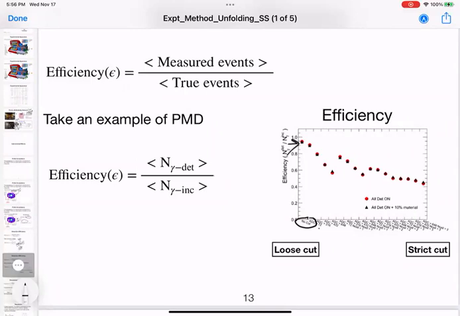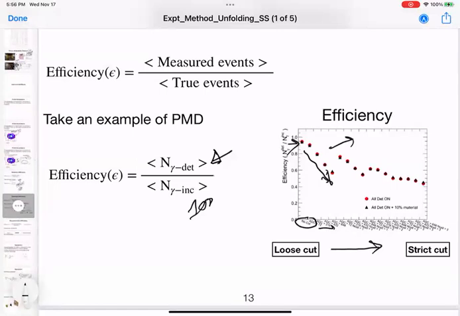When we make the cut stricter and stricter, we are losing particles only in our numerator, but our denominator remains the same, so you lose efficiency. But if you calculate the purity of the sample, you can see that if you apply a stricter cut, your purity will also increase. So this is a competition between the efficiency and purity, and in a real experiment, you have to choose whichever is best or suitable for you.